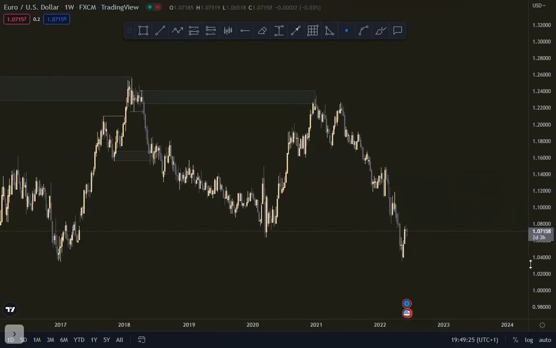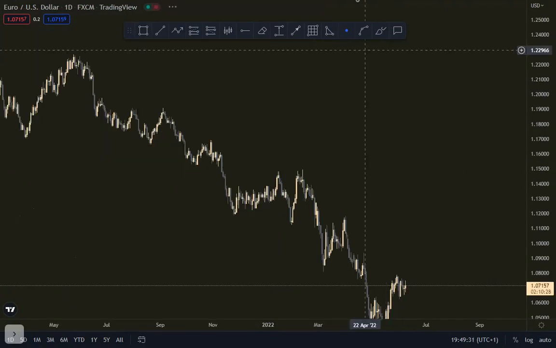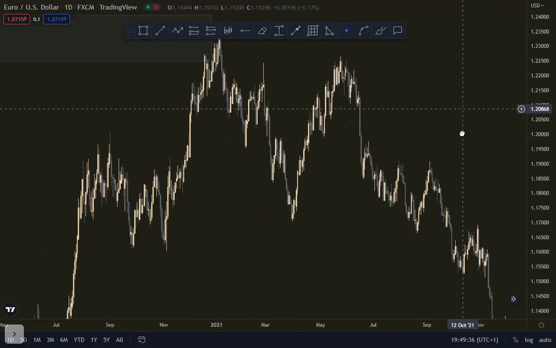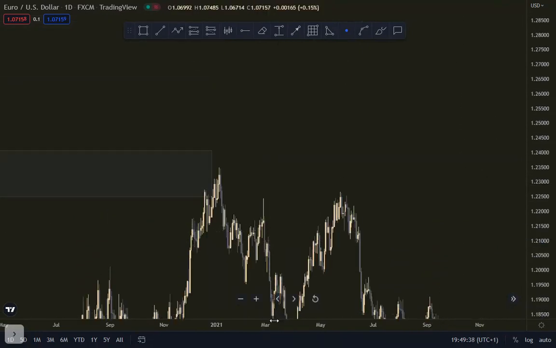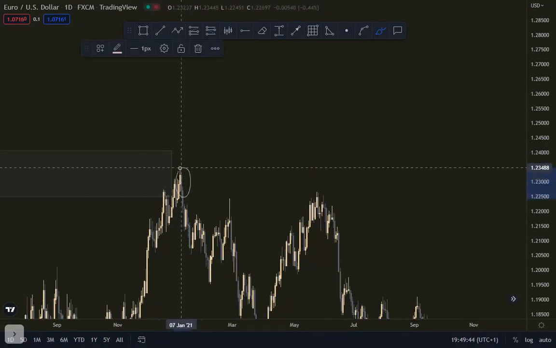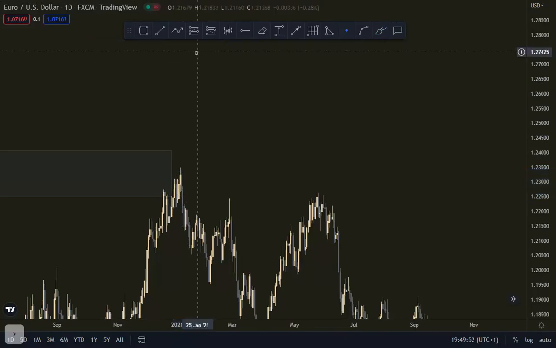Let's keep looking. So what about this? Let's go down to the daily chart to look at it more deeply. So we have this upward candle, and we had this bearish engulfing. What else did we get?